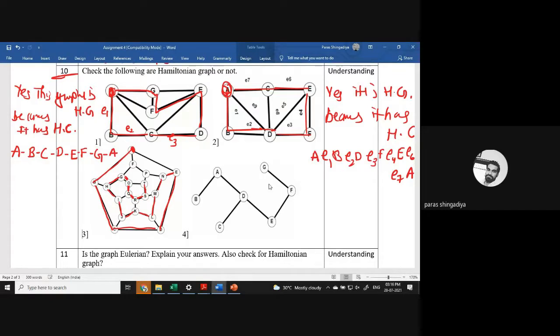Now from T we have to exit. Which vertex can you reach?